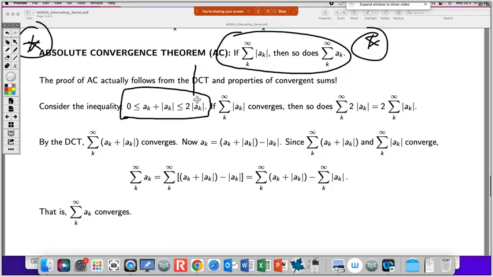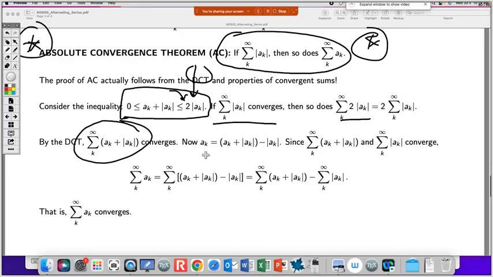Now, if we assume that the absolute value series converges, then 2 times it also converges, because 2 times a finite number is a finite number. And now we're all set up for the direct comparison test. So if the absolute value series converges, and so does this one, by direct comparison test, so does that.